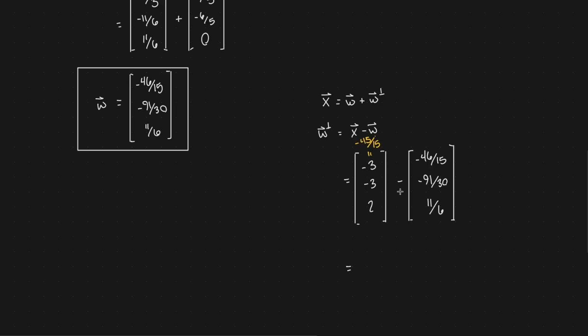So negative 45/15 minus negative 46/15 gives me a positive 1/15. Same thing here. I'm going to need a common denominator of 30. Negative 3 becomes negative 90 over 30. Negative 90 over 30 minus negative 91 over 30 becomes positive 1 over 30.